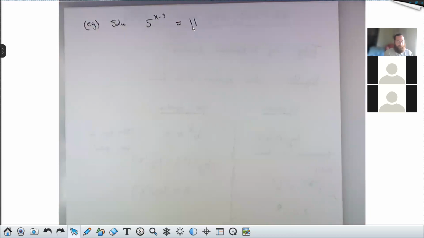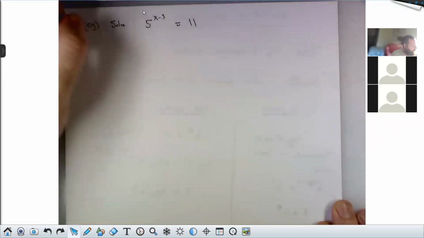Like some number to the x equals some number. It's very, very close. And we could start fiddling around with the left-hand side. I could write this as 5 to the x times 5 to the negative 3, and then push that 5 to the negative 3 over to the other side, dividing. But we can go ahead and take logarithms here, and I think that's the nicer move.